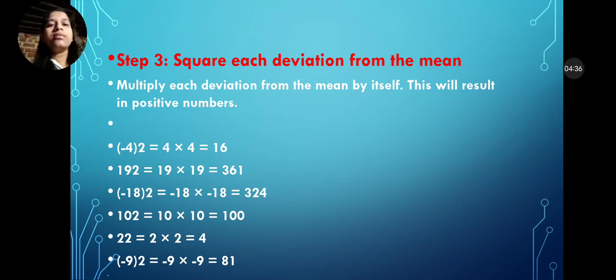Here 19 squared is 19 times 19, which is 361. Minus 18 squared, minus times minus is plus, so that answer comes out positive. So these are the squares of the deviations from the mean.